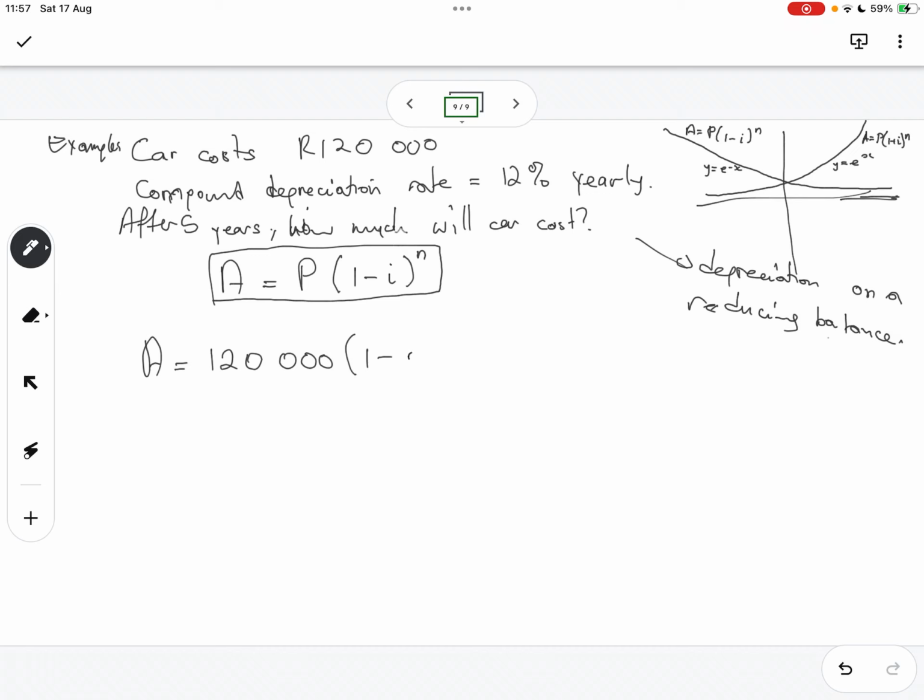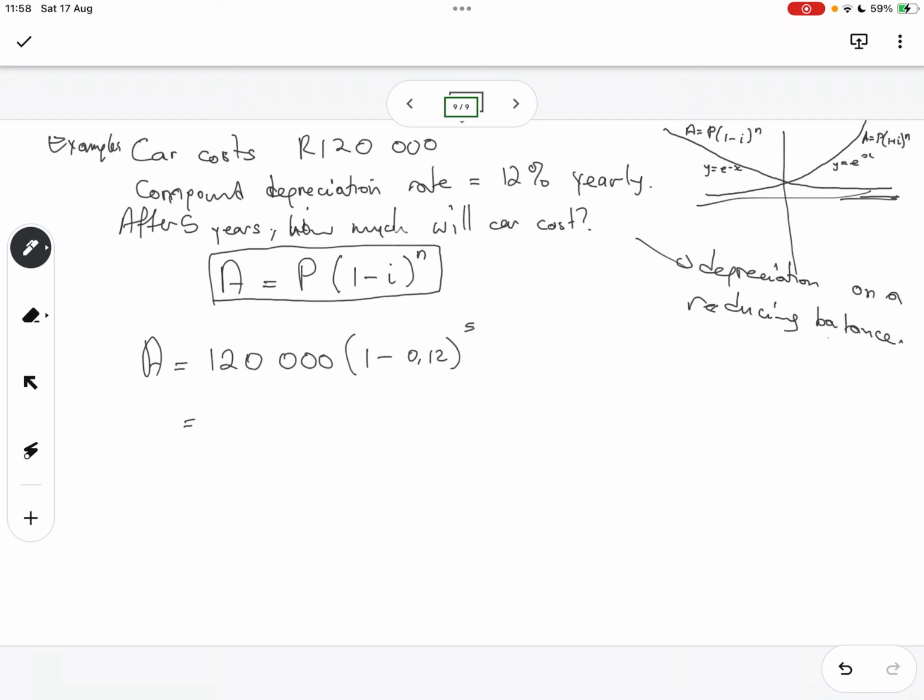So 120k into 1 minus the interest rate, 0.12, and the period is 5 years.